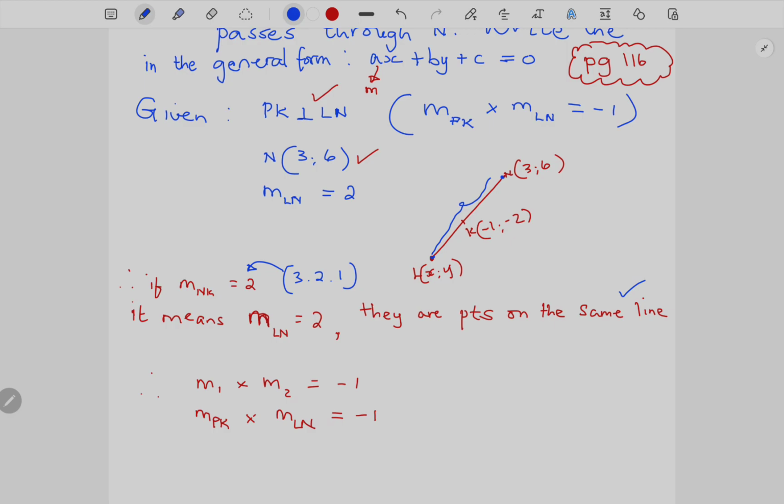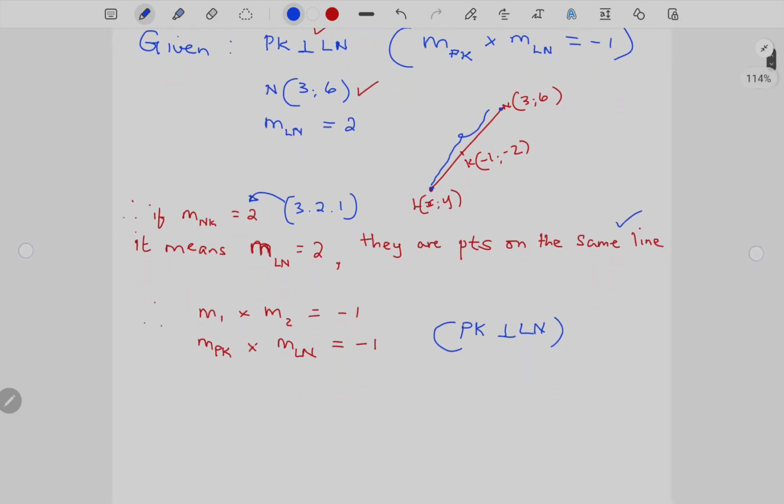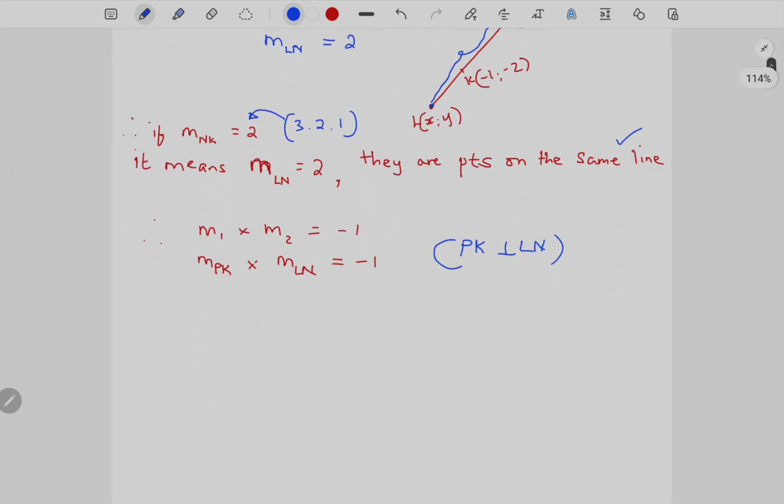Okay, now we can start. Now let us calculate the gradient of PK. It says M1 times M2 is equal to -1. Therefore, M of PK times M of LN is equal to -1. Why? Because we're given that PK is perpendicular to LN. Okay, now let's substitute. MPK we don't know.